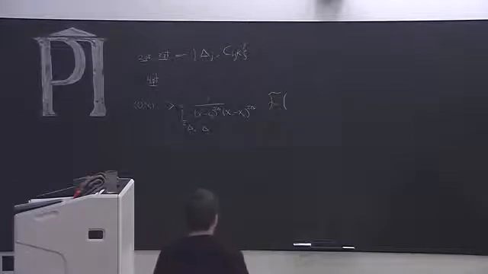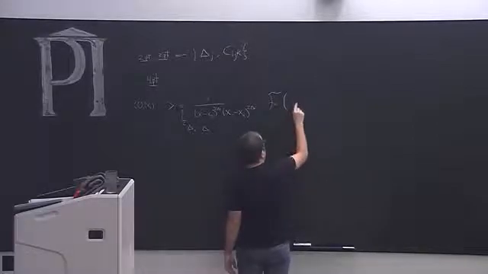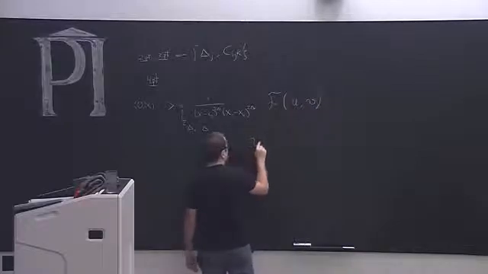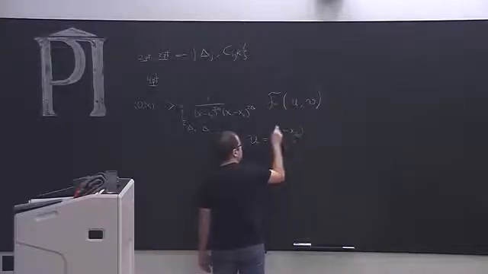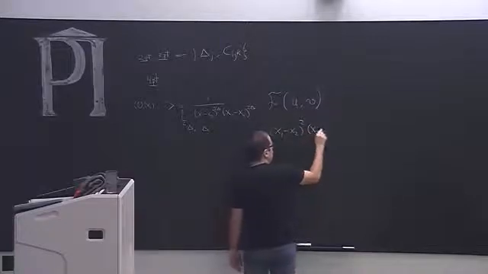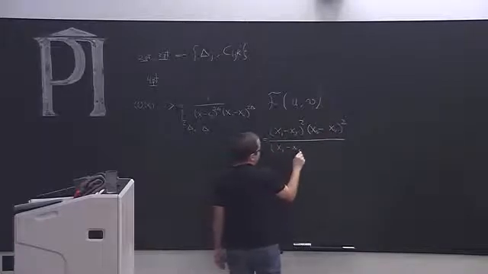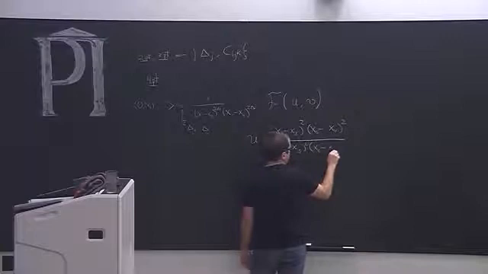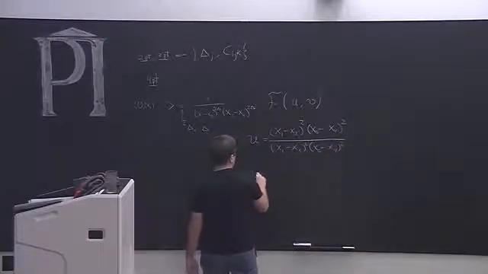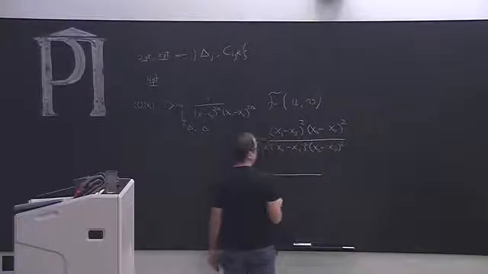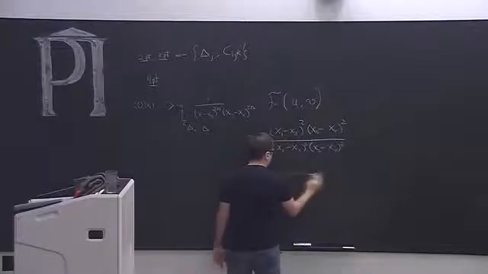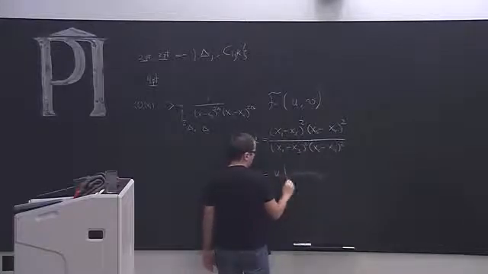There are 2 cross ratios I can construct, u and v, where u is x1 minus x2 squared times x3 minus x4 squared, divided by x1 minus x3 squared times x2 minus x4 squared. And v is u where you flip 2 and 4.